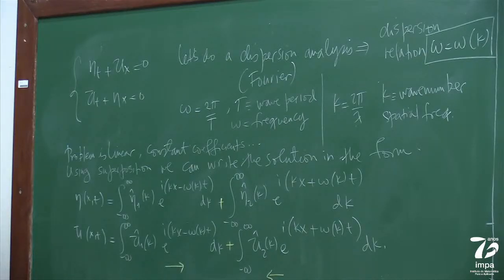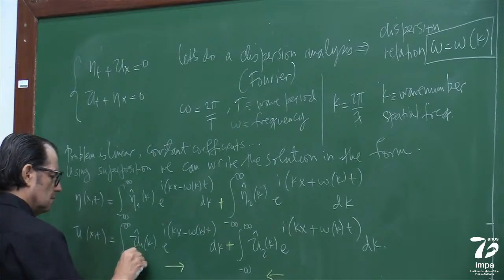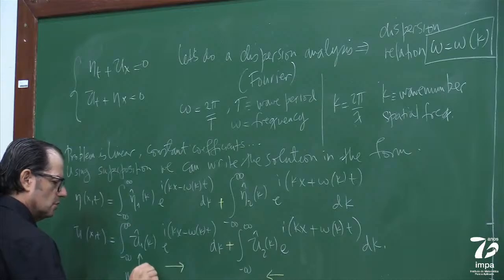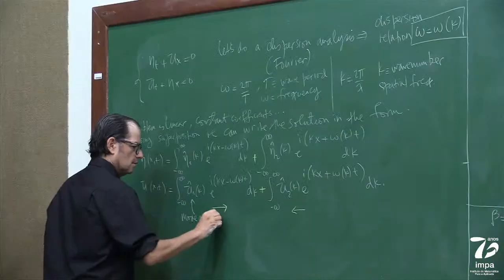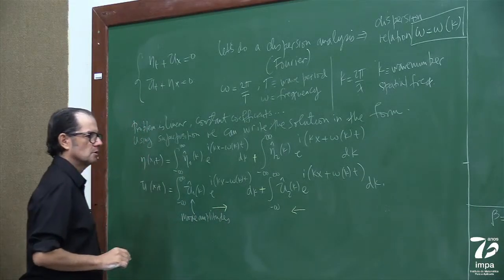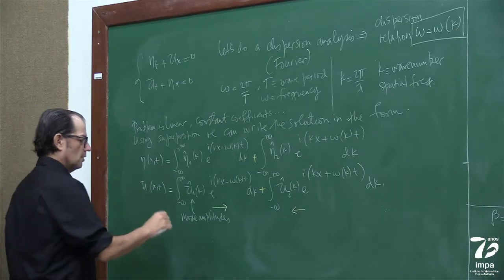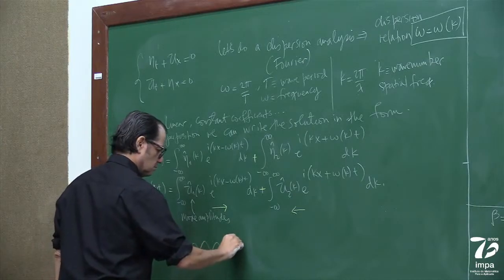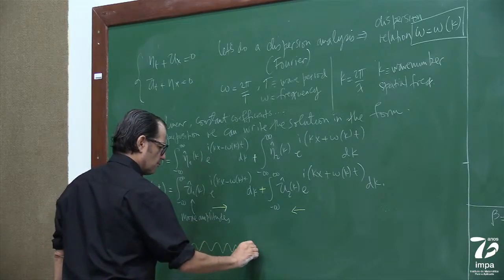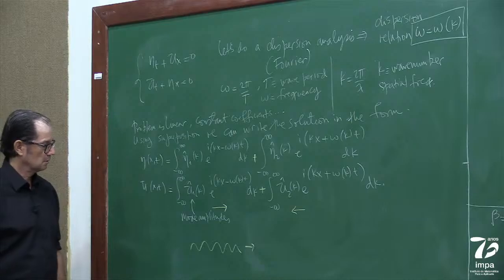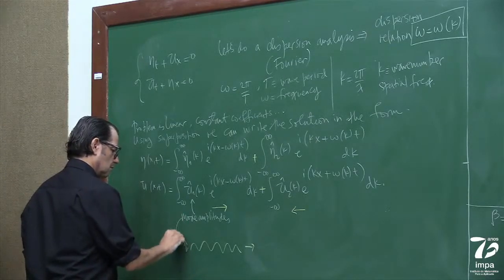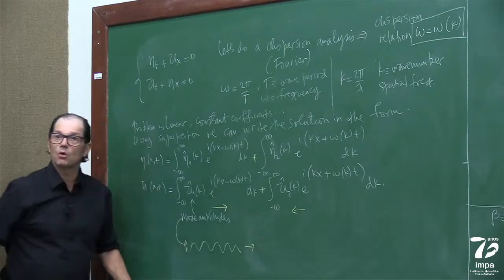Is that clear for you? And these are the mode amplitudes. Right? So for example, if I have a guy propagating this way, right? This is what I mean, the mode amplitude.